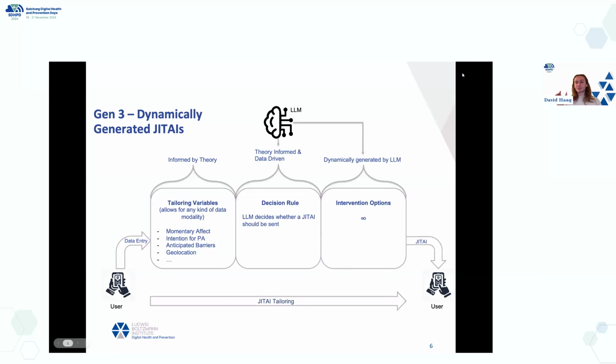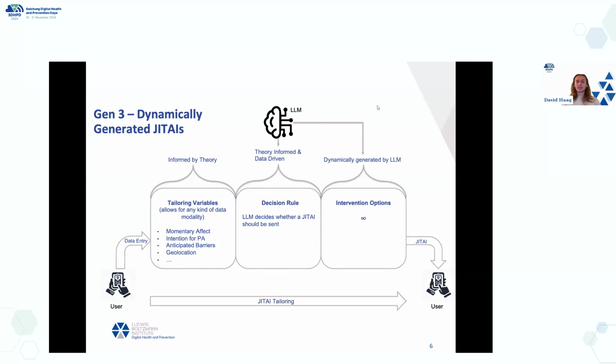So with this, you have the large language model as a decision algorithm, and for each moment you always have a dynamically generated new intervention, which gives you a lot more adaptability than just having a static list to choose from.